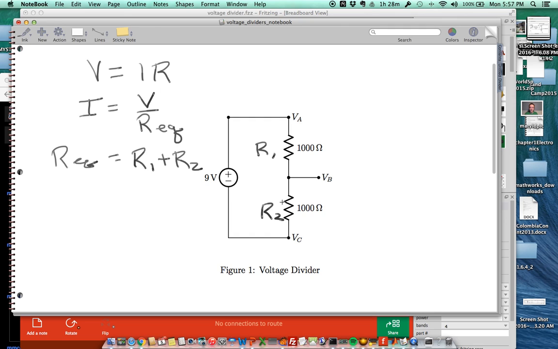So if I want to calculate the voltage being dropped across R2, I need to take this current and multiply it by R2. So V2 is going to be the current multiplied by R2.